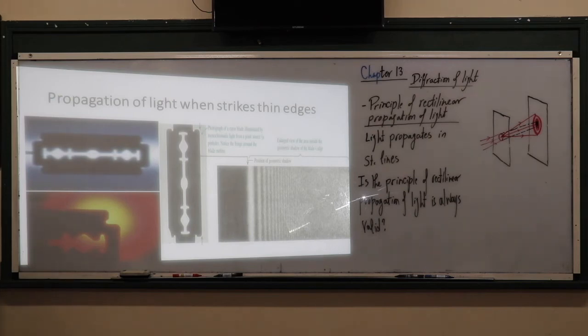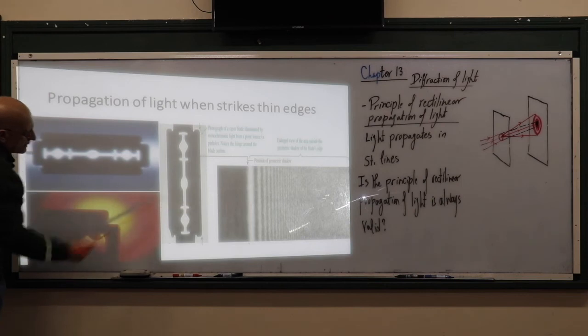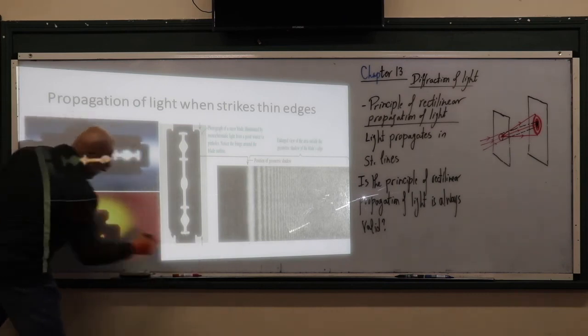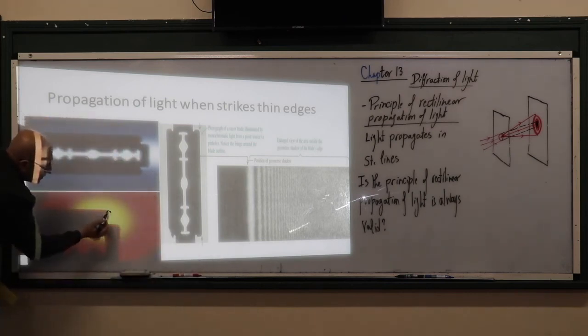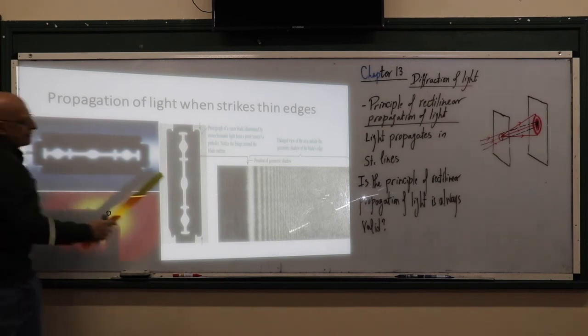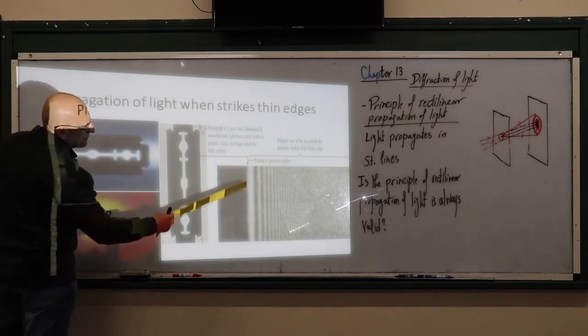Why is this? Let's look at this figure. This is the same one, but in a vertical position. They take a part of this light around here and magnify it.